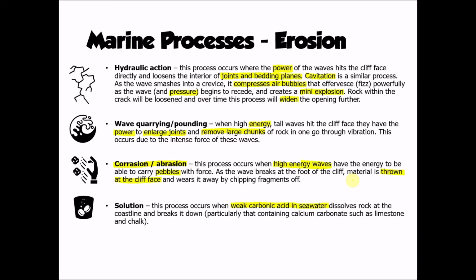What that does is it will chemically react with rocks, particularly those sorts of rocks that contain calcium carbonate, rocks like limestone or chalk. Those rocks are particularly susceptible to being broken down through the process of solution, and the rocks are quite literally dissolved away by that chemical reaction.